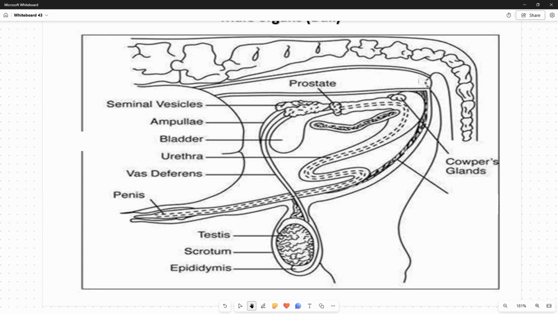Then the process whereby the male gametes are produced there is called spermatogenesis, whereby millions of sperm cells are produced in a testicle.